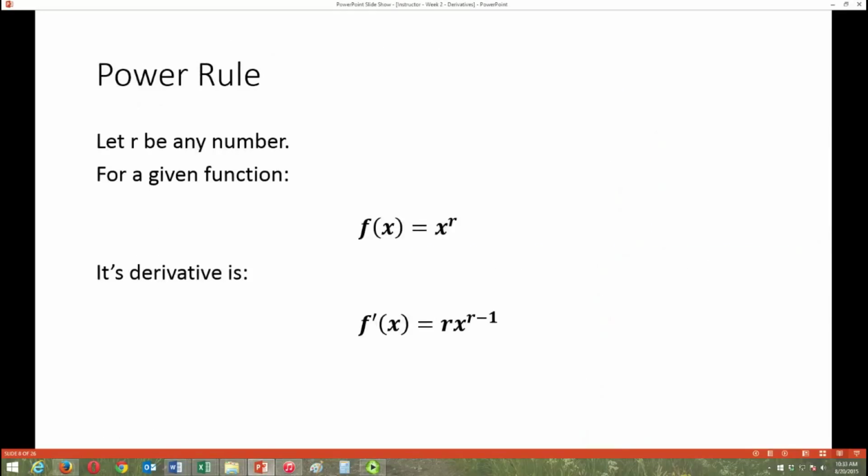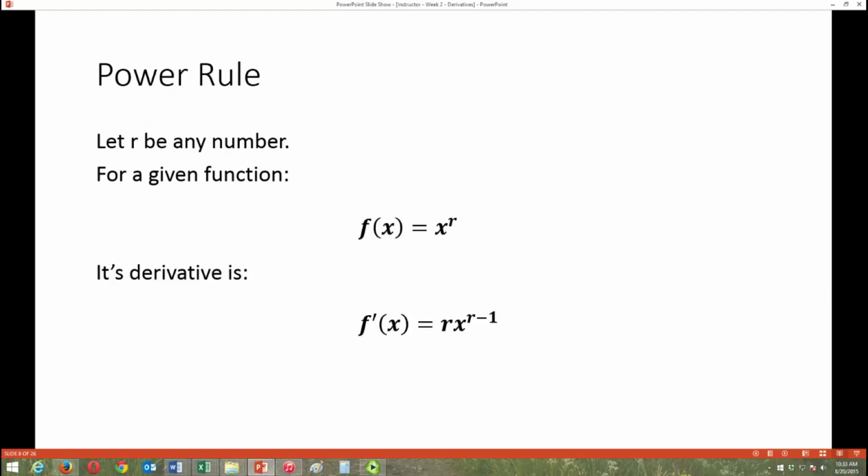Let's develop what we'll call the power rule. Let r be any number. For a given function, f of x equals x to the r, its derivative is f prime of x equals r x to the r minus 1.